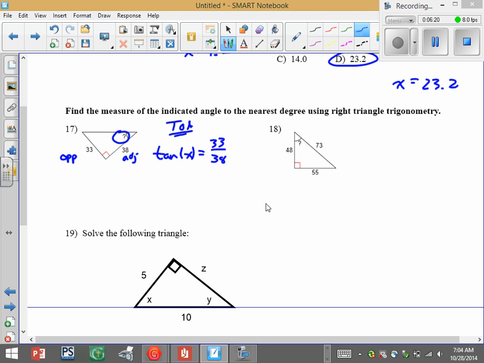And since x is now in the parentheses, that means we need to do the inverse, the opposite. So we need to do second tangent, or tangent to the -1. If you've got Desmos, you need to do arctan. So now x is going to be equal to tangent inverse 33 over 38. So x is basically a 41-degree angle.